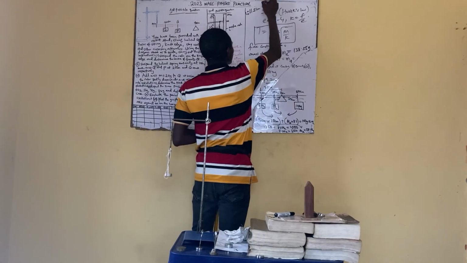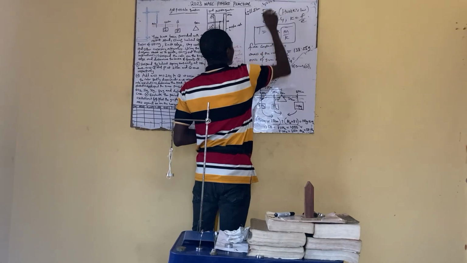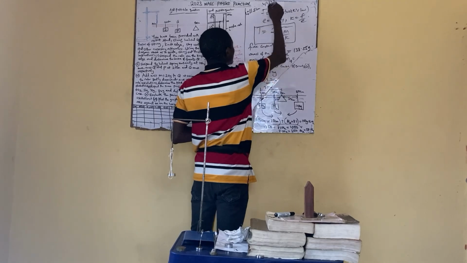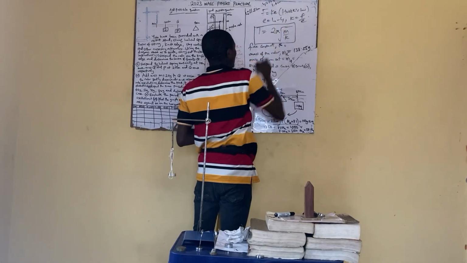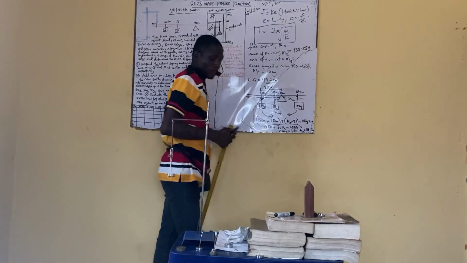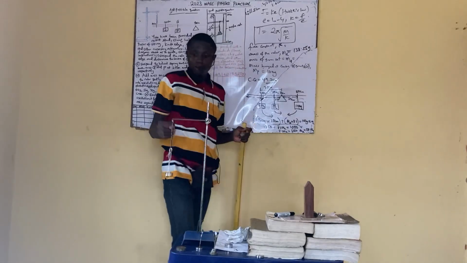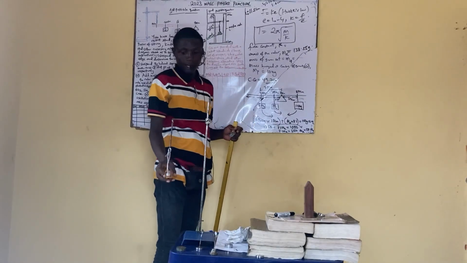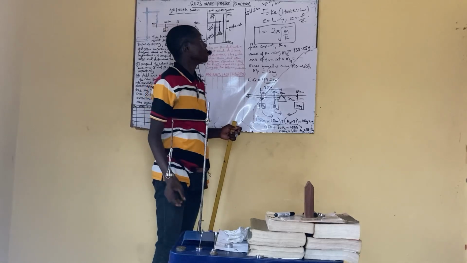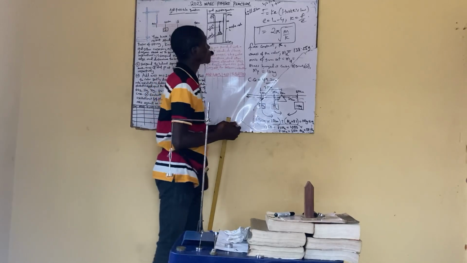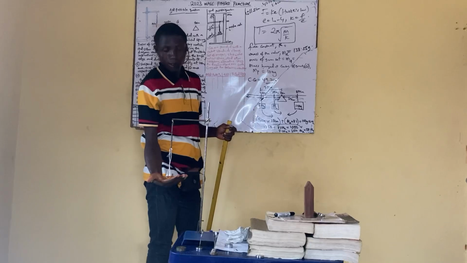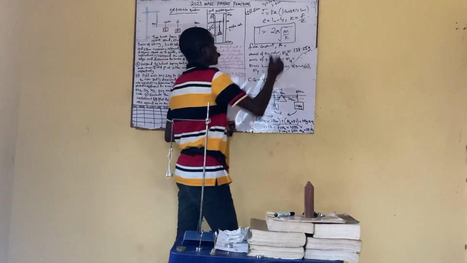Everyone is 12.5, meaning that the difference here is just 1.0 centimeter. So with the mass you are handling now, which is 50 gram, you can convert it to meter.